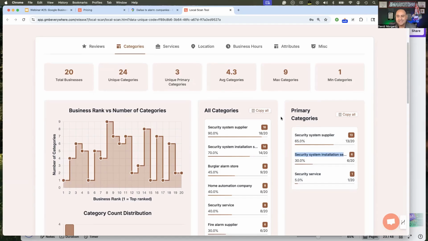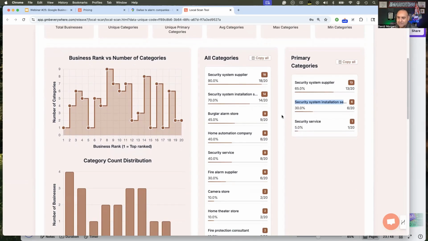So let's take into consideration all of the categories. Once again, there are 18 that are using security system supplier. Now, I remember a few years back when I started analyzing this, I was like, wait a minute, security system supplier, that to me leads me to believe that should be a distributor, right?